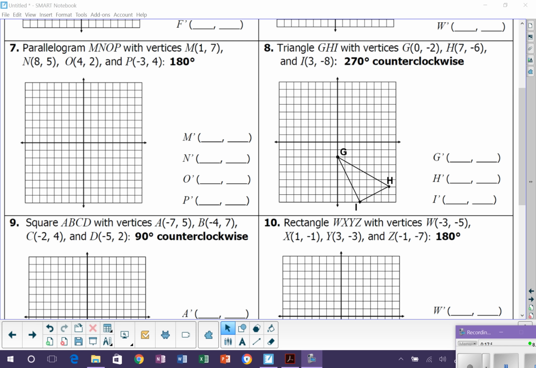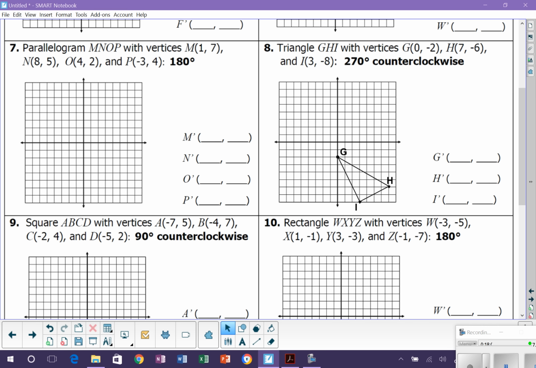Now it wants to rotate 270 counterclockwise. So which way is that going to go? Counterclockwise, not clockwise, that's clockwise. Counterclockwise is that way. So 270 is 3 quadrants. So what's going to end up happening is you are going to go from here all the way to there.